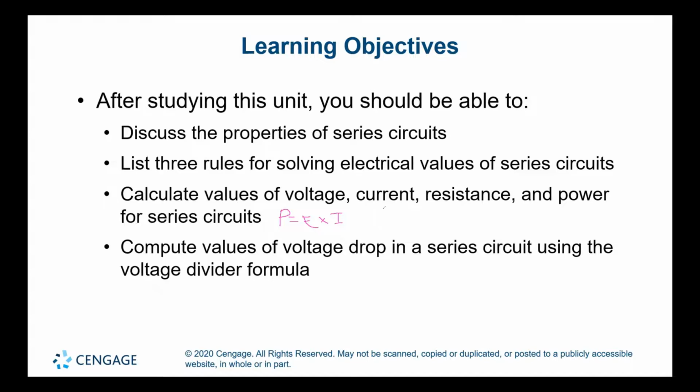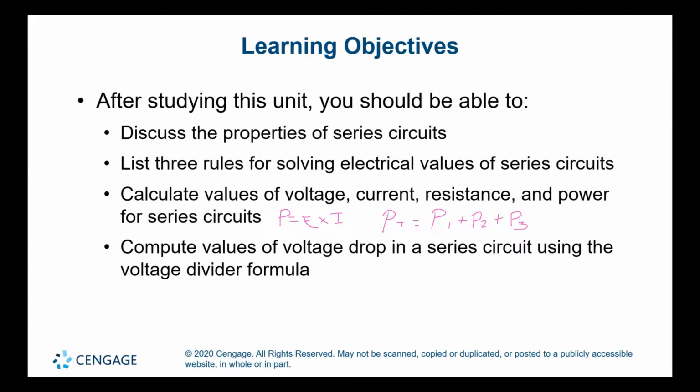Now, when it comes to determining power in a series circuit, we are going to call this PT, total power, and I'm just going to use two components. Let's say that we have power on resistor 1, plus the power on resistor 2. Well, let me put another resistor here for convenience. Power on resistor 3.